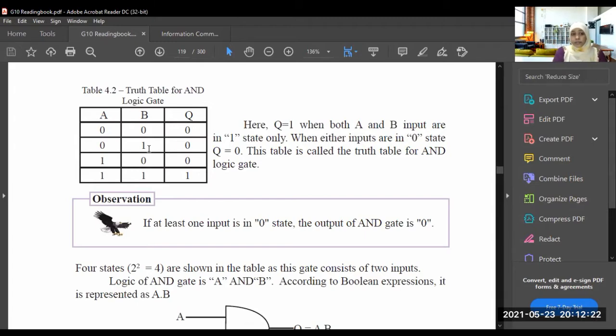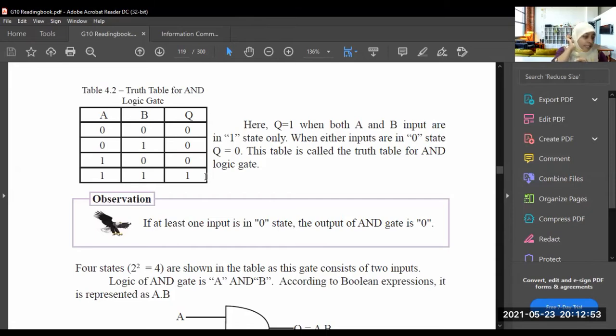Because it is AND. If A is 1 and B is 0, then Q will also be 0. If A is 1, B is 1, then the output, the bulb, will be on. So here in the AND gate, what is the rule? The rule of the AND gate: all the inputs should be 1.